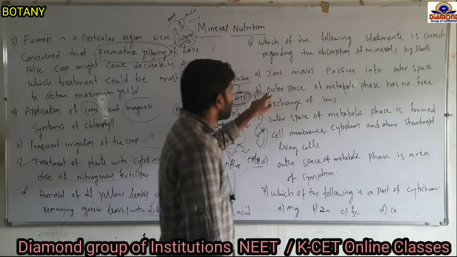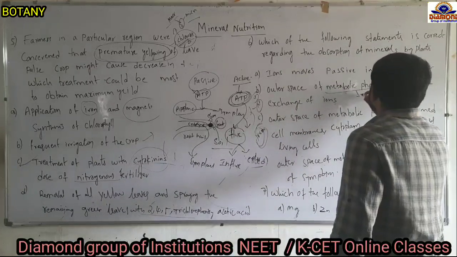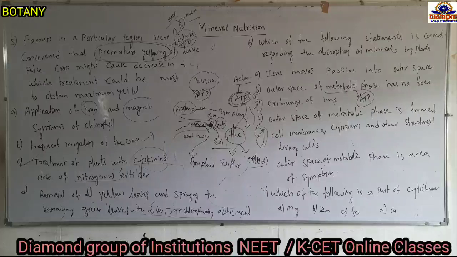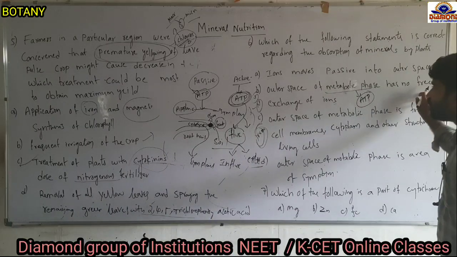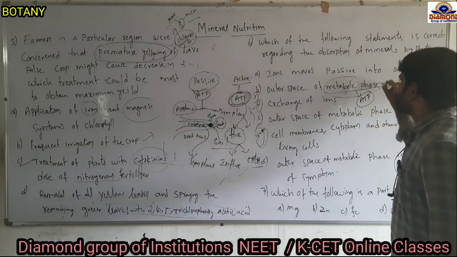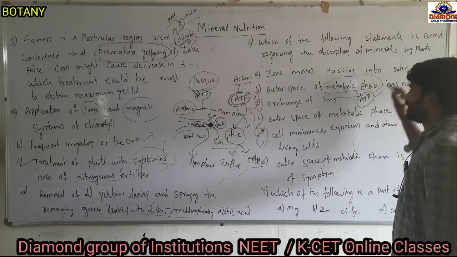And option B, they have given outer space of metabolic process. Here the metabolic process means ATP energy is utilized. Outer space of metabolic phase has no free exchange of ions. Here metabolic energy is utilized, which means it does not belong to passive absorption; it belongs to active absorption.